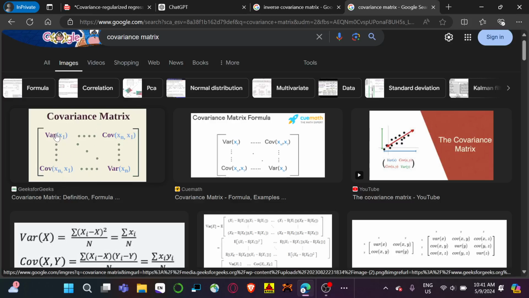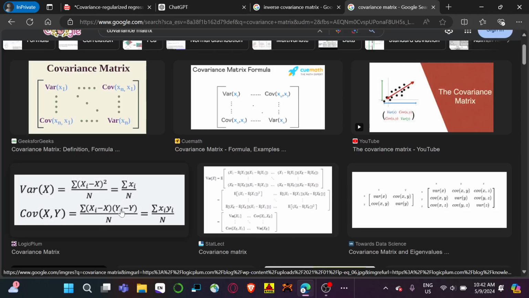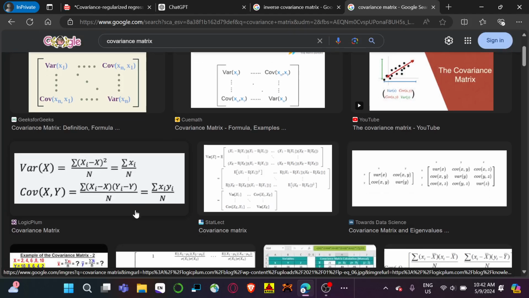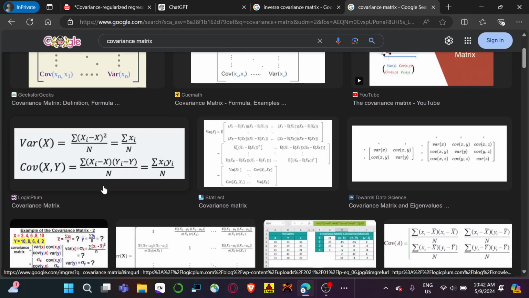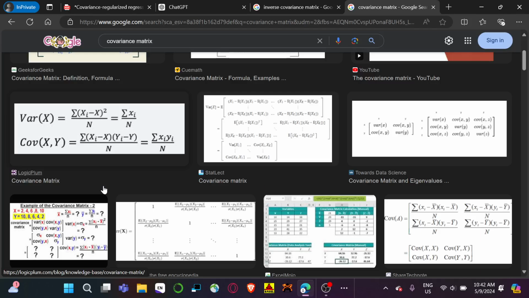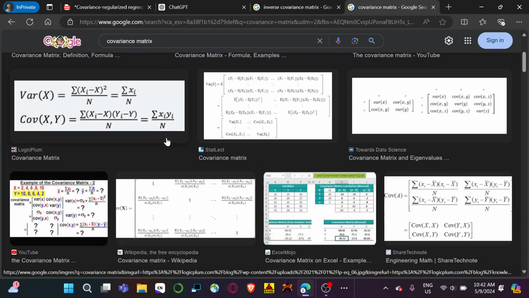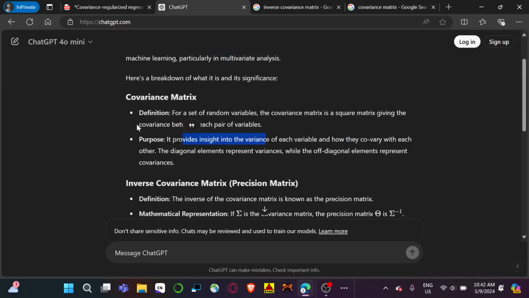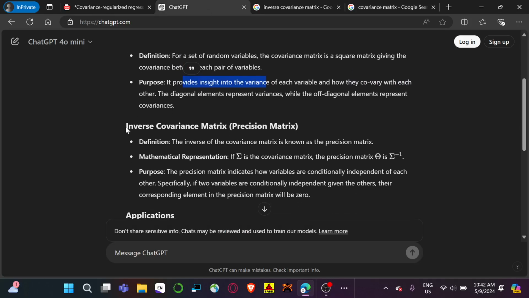So basically you calculate how they vary accordingly. It kind of looks similar to a dot product in a sense. Well, maybe not, but anyway. So what is the inverse covariance matrix?